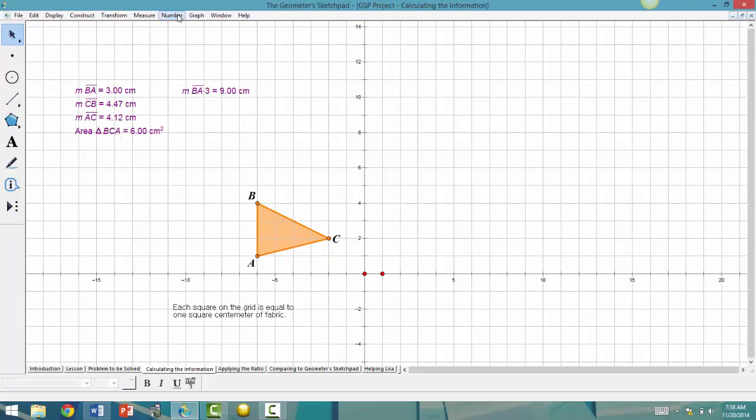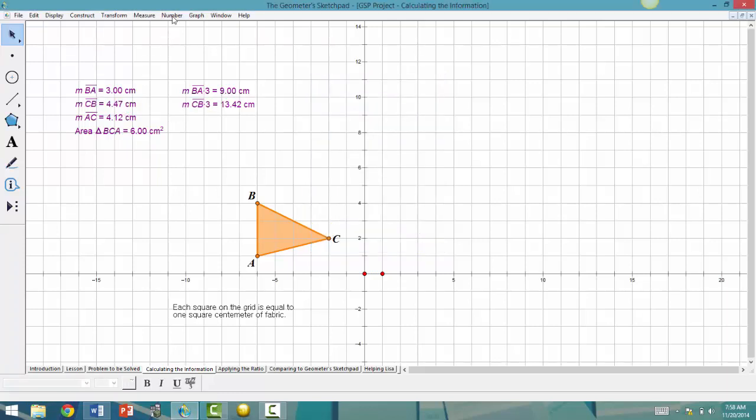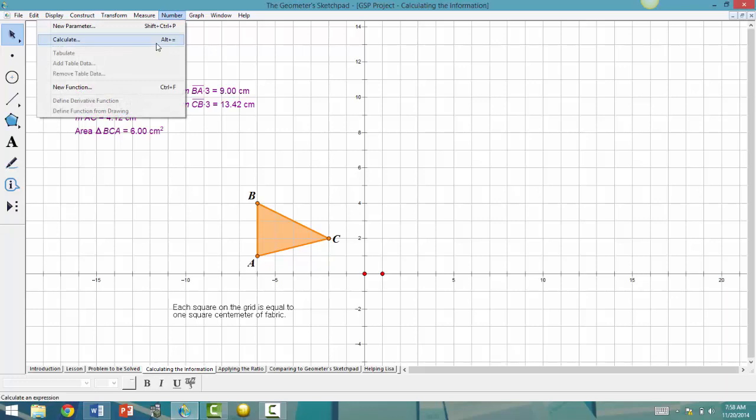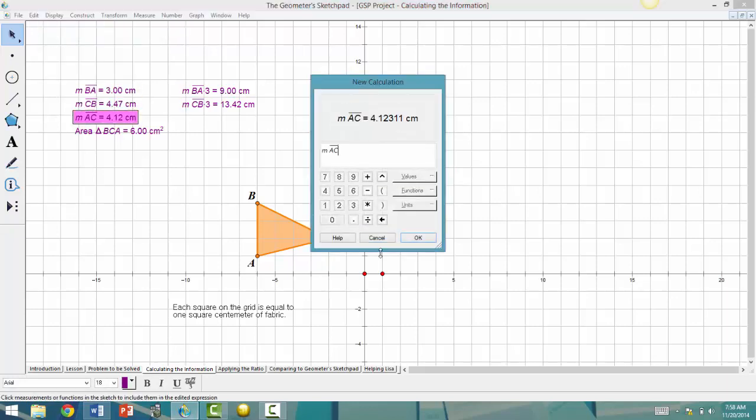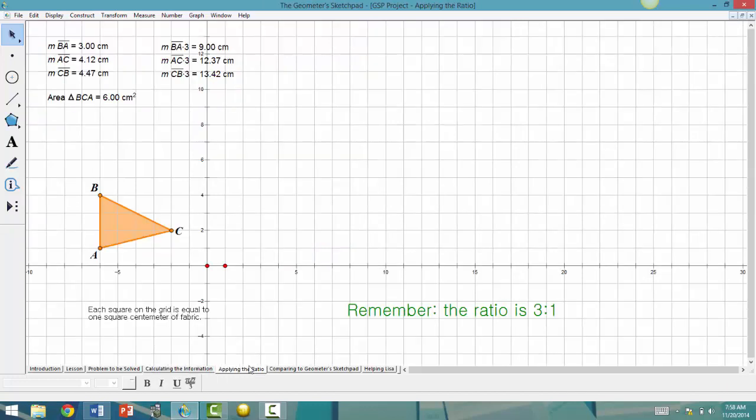So we're going to just go ahead and do this with all 3 sides so that when we go ahead and actually draw our new triangle, we know exactly what the side lengths need to be. As you can see here, I'll have a 3-to-1 ratio to the triangle that we were given, the template triangle. So we're going to now go ahead and apply this.